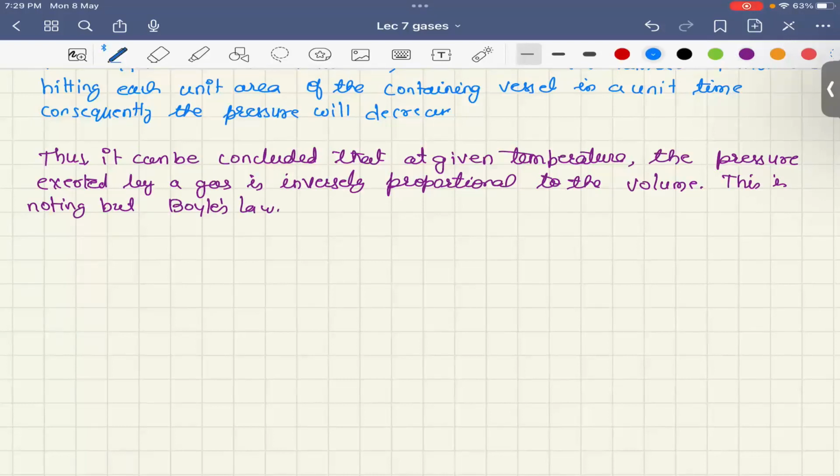So we have derived from the kinetic gas equation that 1 by 2 mu square bar is nothing but 3 by 2 kT, right? And we also know PV is equal to 1 by 3 m n u square bar, right?